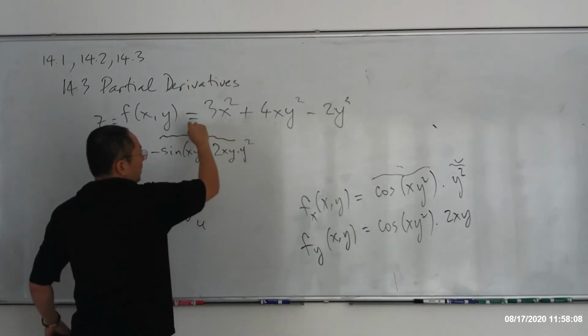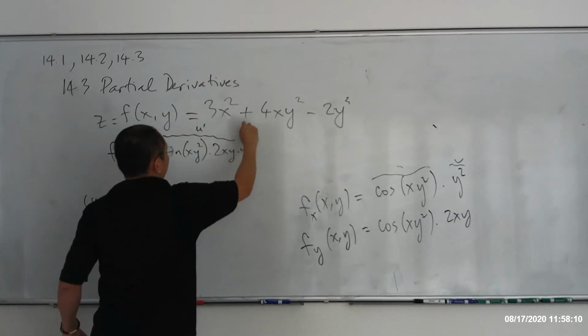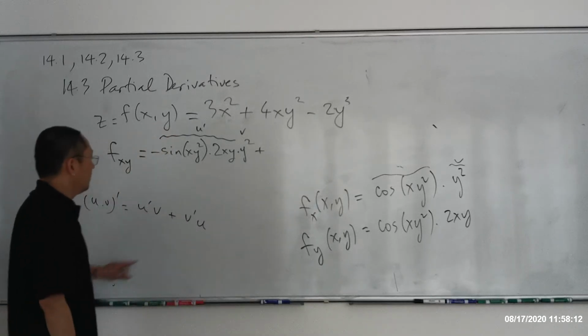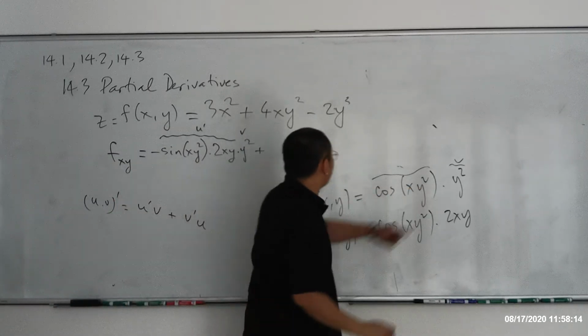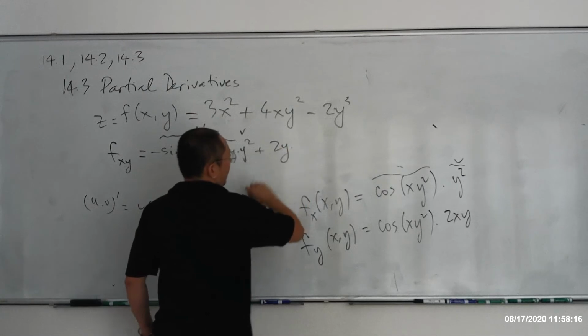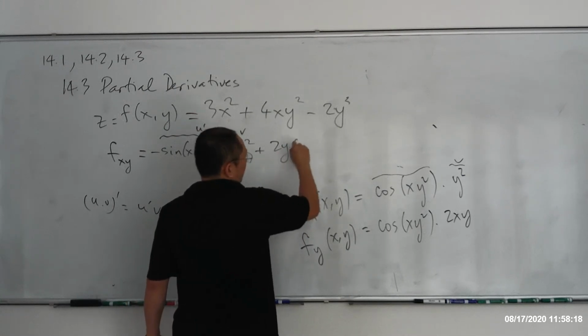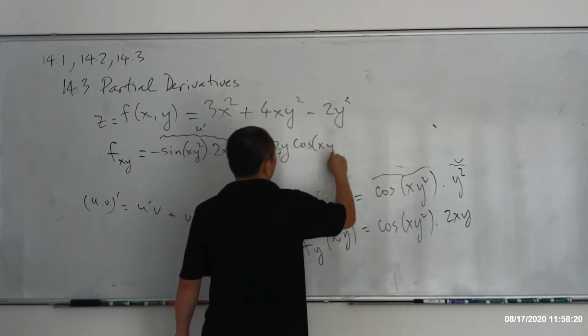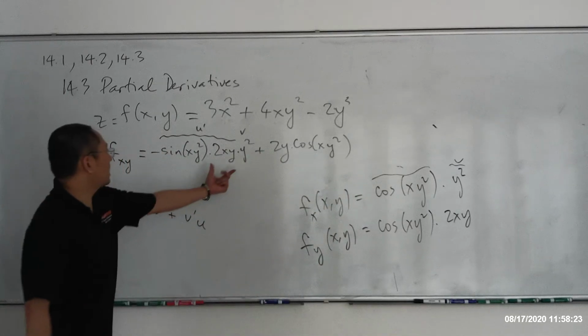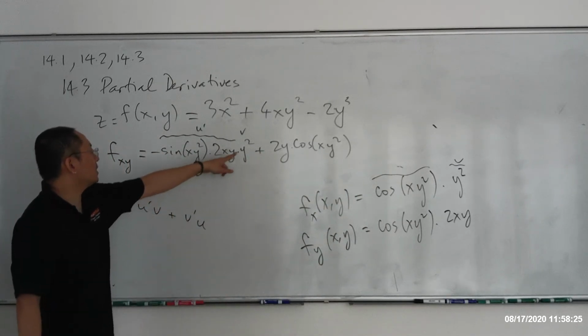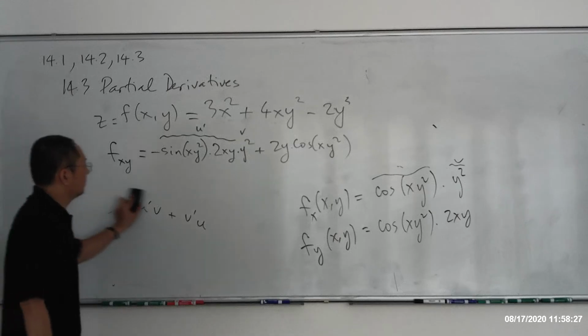And then plus v prime times u. v is y squared, so v prime is 2y, times u, which is cosine of xy squared. And you can simplify this a little. This is 2xy cubed, but that's easy, so I'll let you do it.